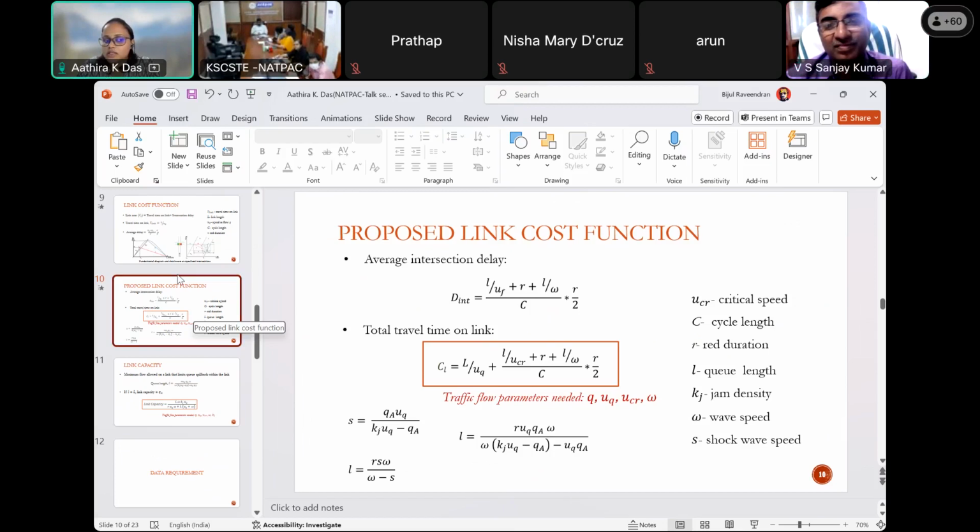Yes, actually not in PCU per hour. When using these functions, we are considering the flow in vehicles per hour, that is, the flow of each vehicle type is considered separately. In PCU per hour, we have a factor for each vehicle type and we add up the flow to get one particular value in PCU per hour.